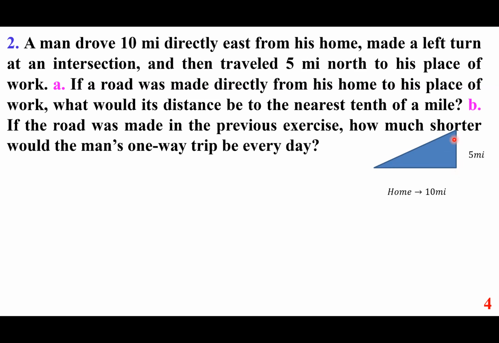Made a left, traveled 5 miles north. So we are going this way 10 miles, up north, 5 miles. And it may or may not be to scale, it doesn't matter. So that's this setting.